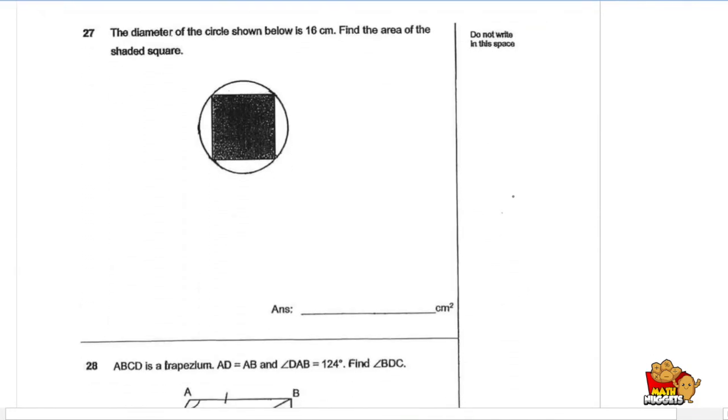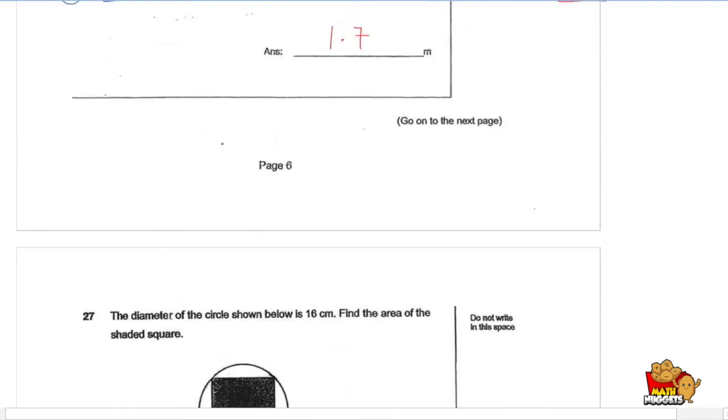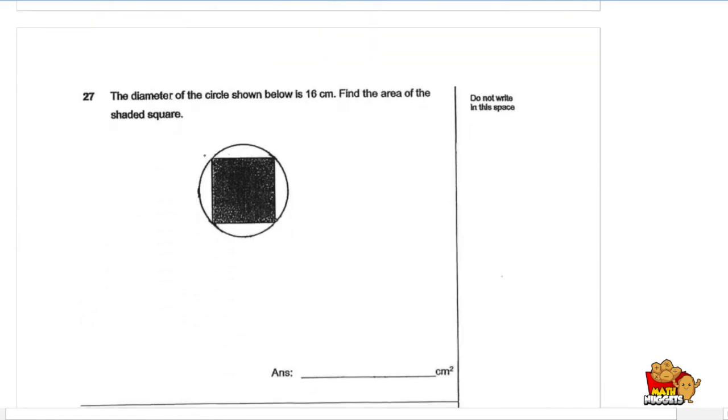Question 27. So the diameter is 16. Find the area of the shaded square. Now if the diameter is 16, okay, it's a little hard to see. So this tells us that this is 16.